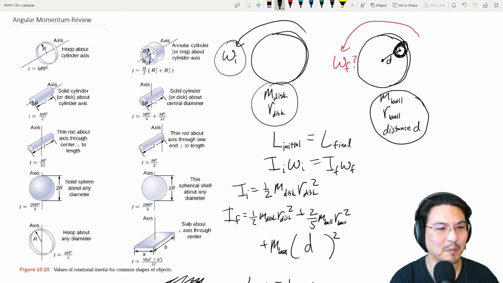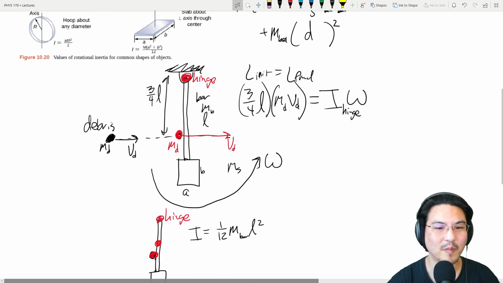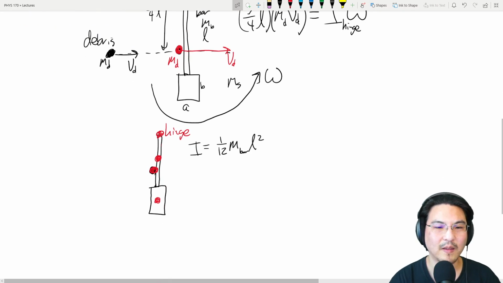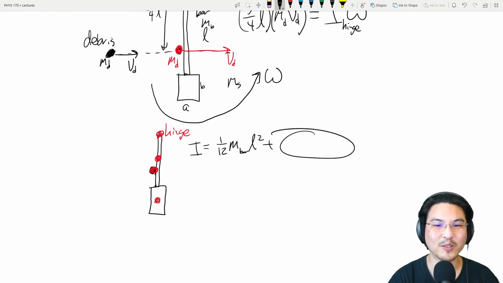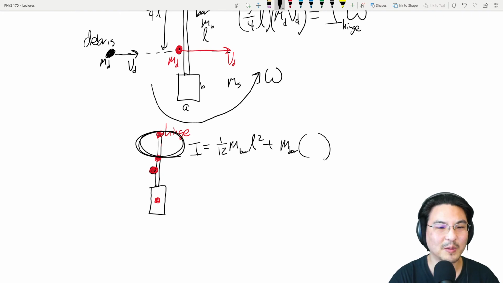Right here, this is the bar, 1/12 m L squared. But then the bar is rotating here. We need it to be here. So parallel axis theorem plus extra. How much extra? The mass of the bar times the distance between these two parallel axes squared. So how far is that? L over 2.